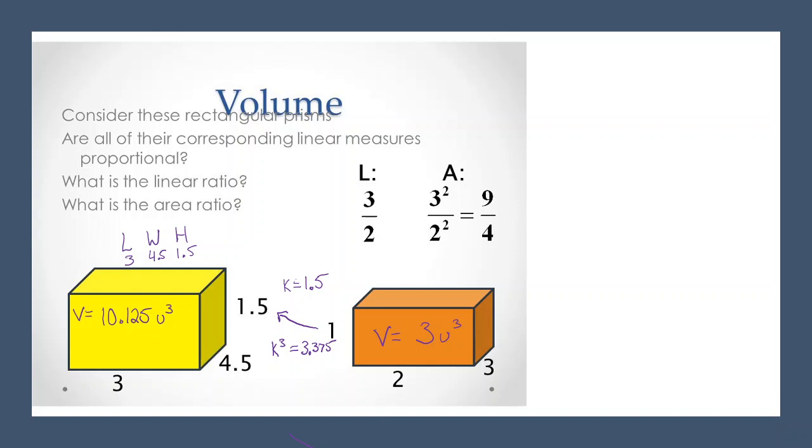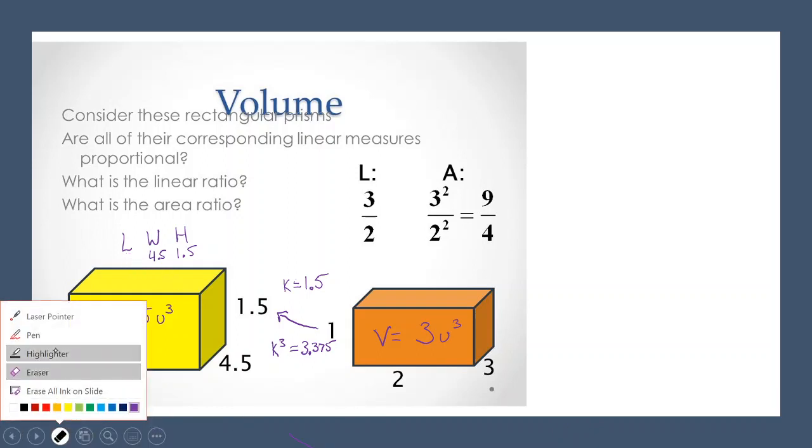I was double checking my work and I saw that there's a mistake here. No, that should be a 3. Excuse me, I'm just double checking something, making sure we're getting this right.